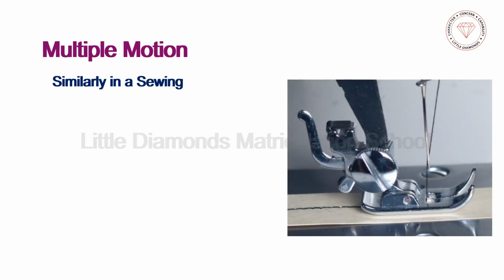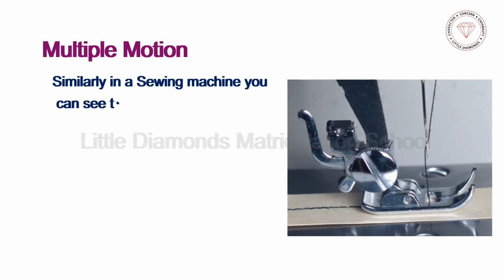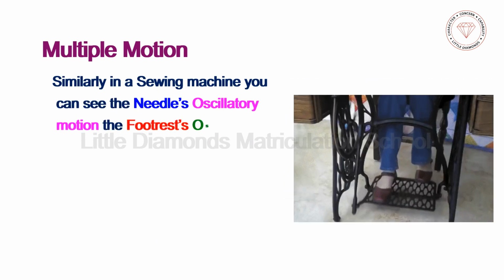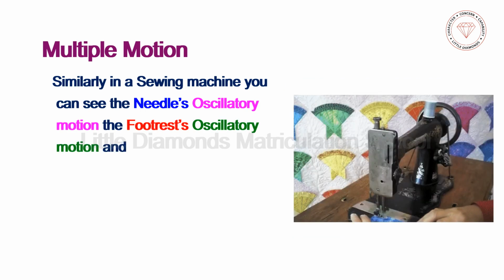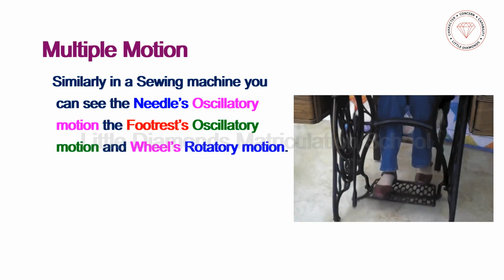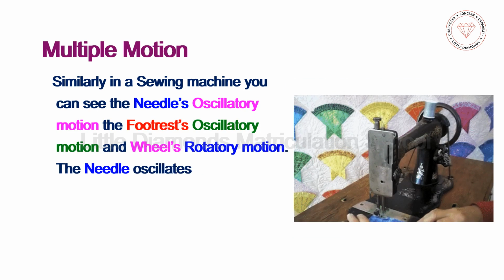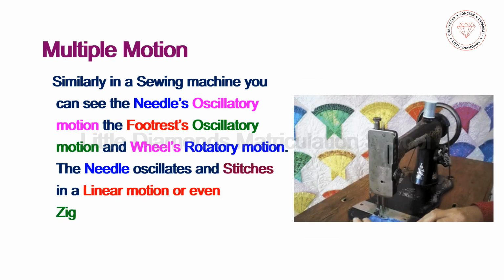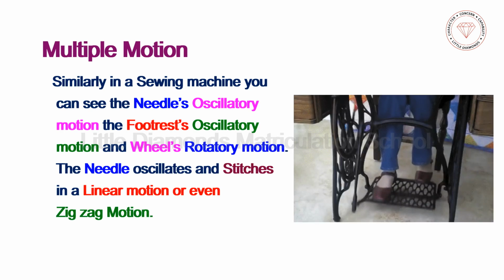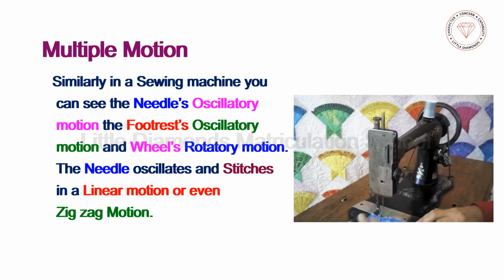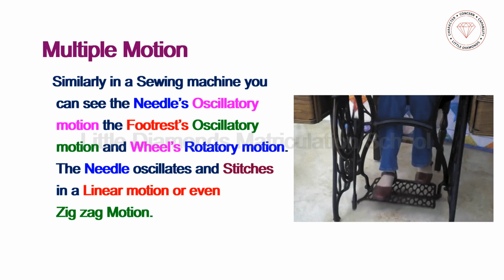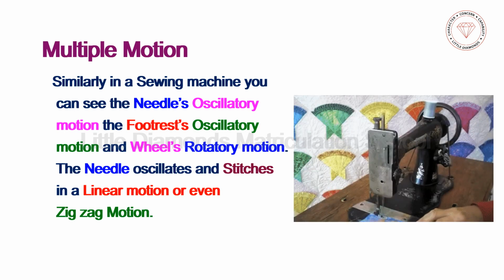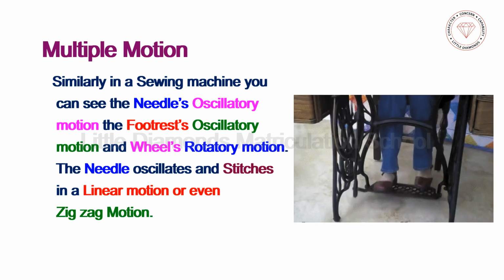Similarly, in a sewing machine, you can see the needle's oscillatory motion, the footrest oscillatory motion, and the wheel's rotatory motion. The needle oscillates and stitches in a linear motion or even zigzag motion. Thus, we can see different types of motion in a moving body, that is, multiple motion in a moving body.